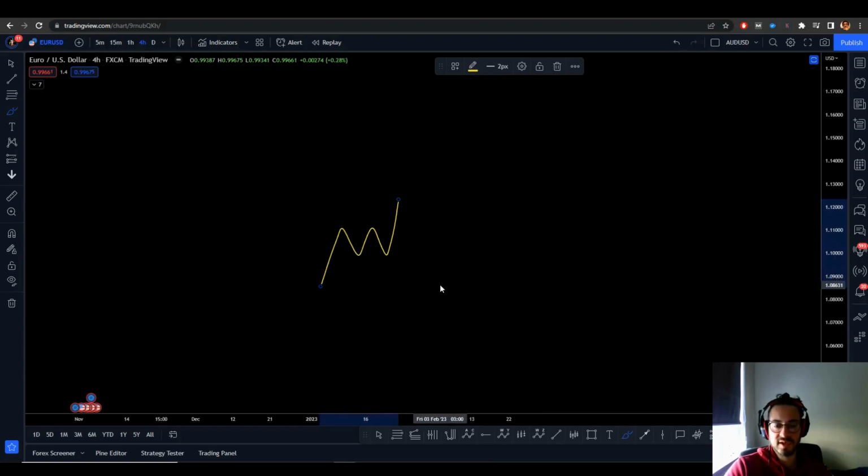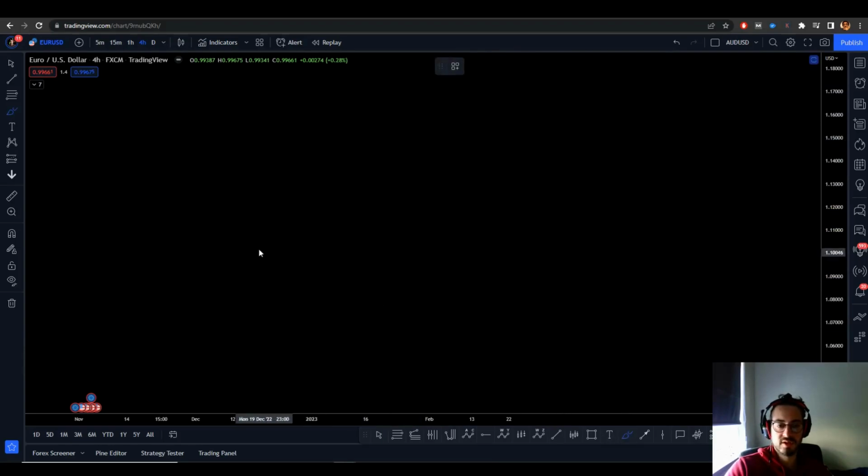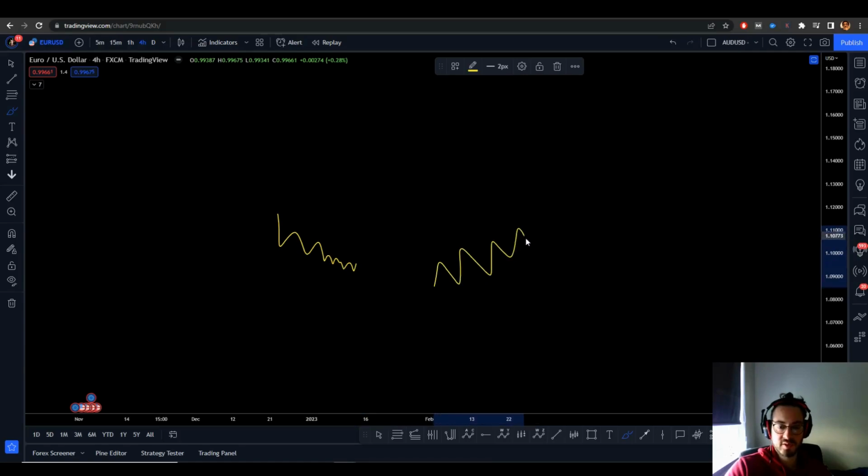You can have regular flats, expanding flats, etc. Another very important aspect of patterns are the wedges. These patterns contract, and they can also expand, but they very often form at the bottom or the top of structures.